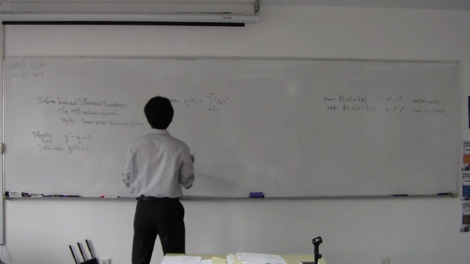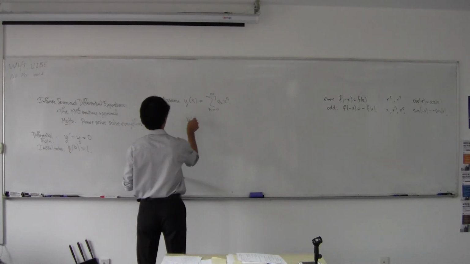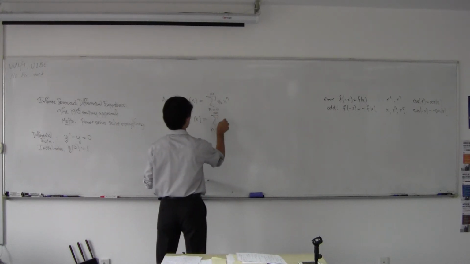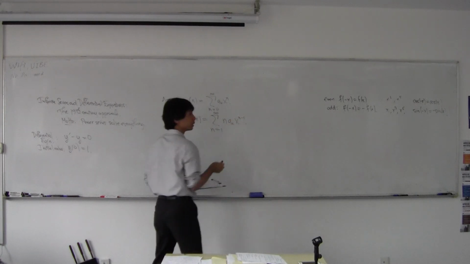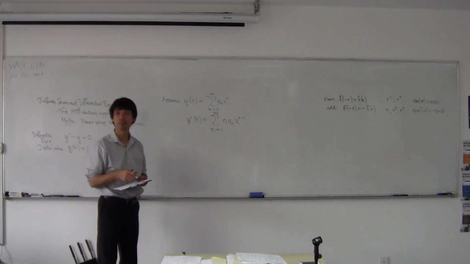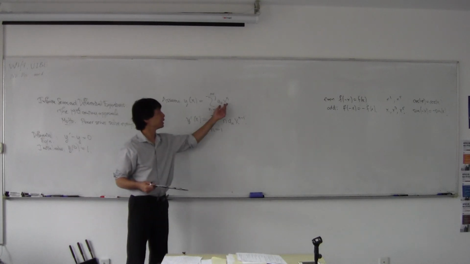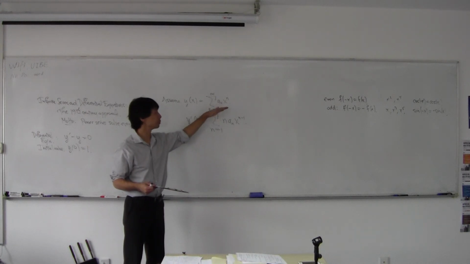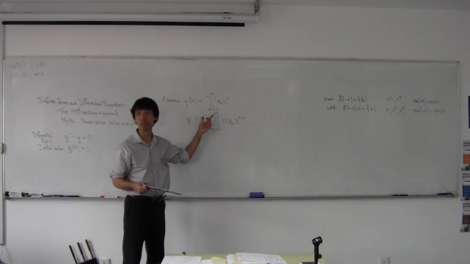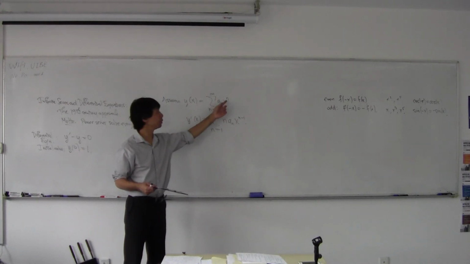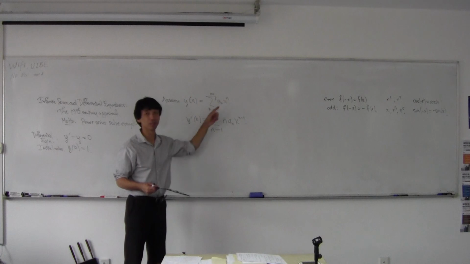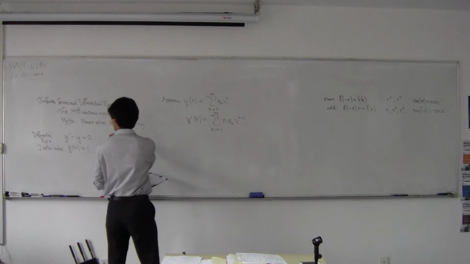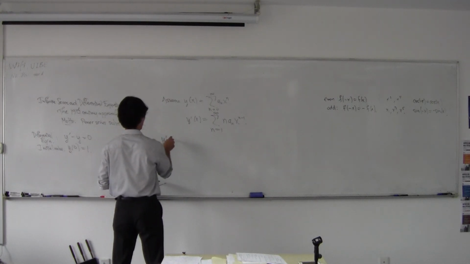In that case, y prime is going to be the sum from n equals 1 to infinity of n a sub n x to the n minus 1. Because when I differentiate the first term, I get 0. The 0 term vanishes, because that's constant. But from term 1 onwards, I'm good. I can differentiate term by term. And so the equation says y prime minus y equals 0.